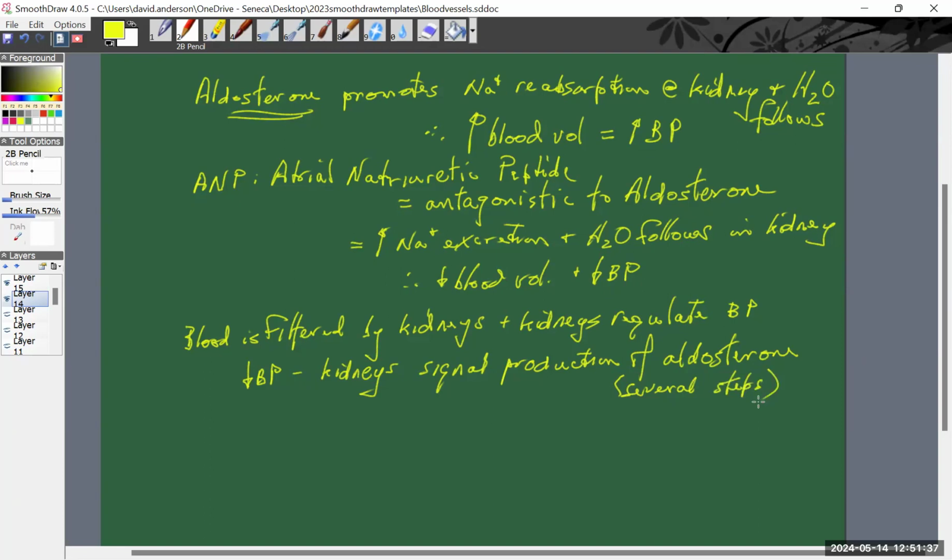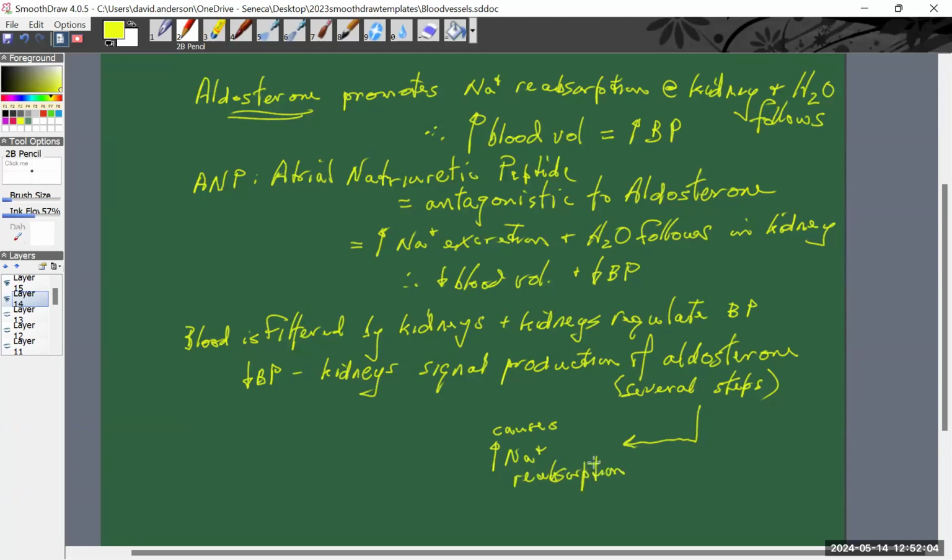So for now, we just want to understand that when the kidneys detect low blood pressure, they're going to stimulate the production of aldosterone. And when aldosterone is released, it causes an increase in sodium reabsorption at the kidney, right?